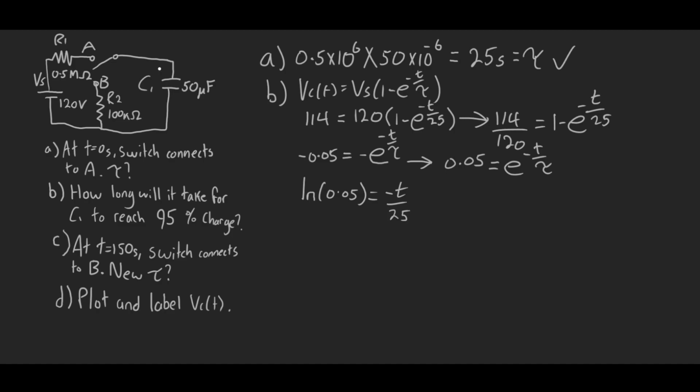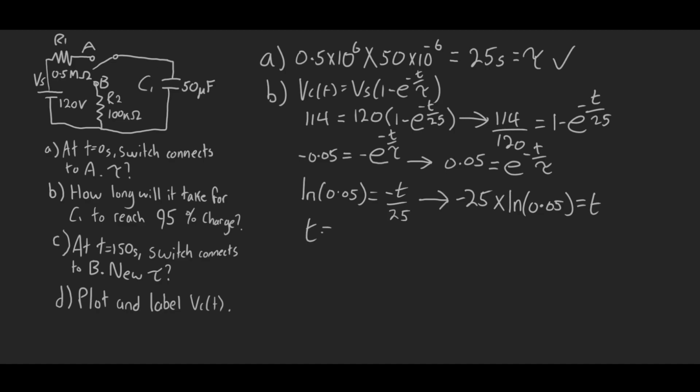Next, we multiply both sides by 25 and multiply both sides again by minus 1 to flip the sign. So here we have minus 25 multiplied by ln 0.05 is equal to t.